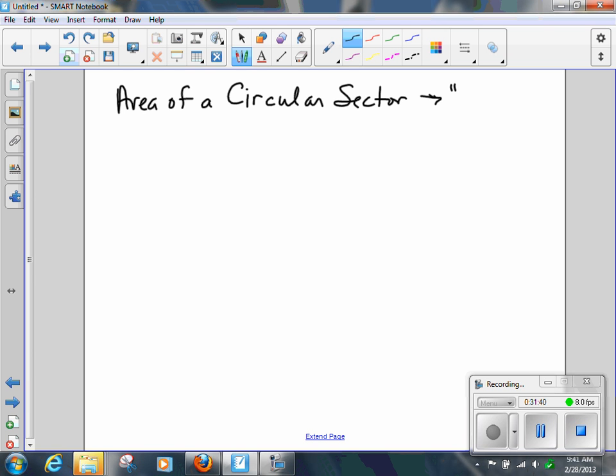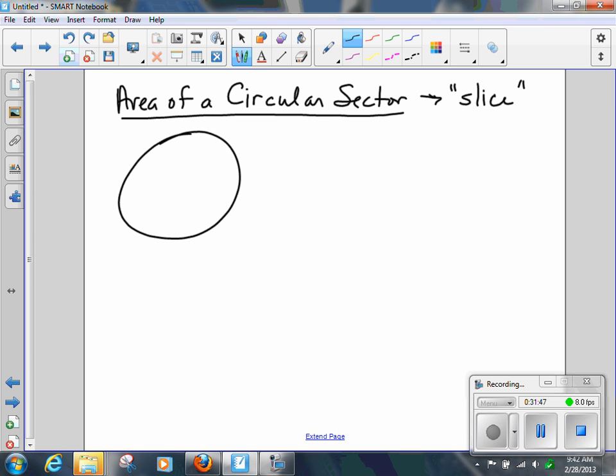Remember, sector, we're talking slice. Same picture as always. Area of a circular sector, slice.